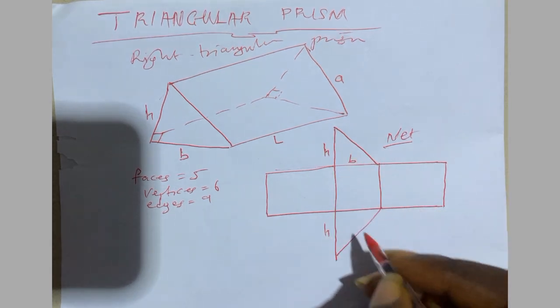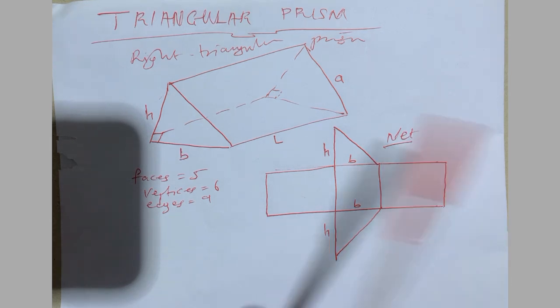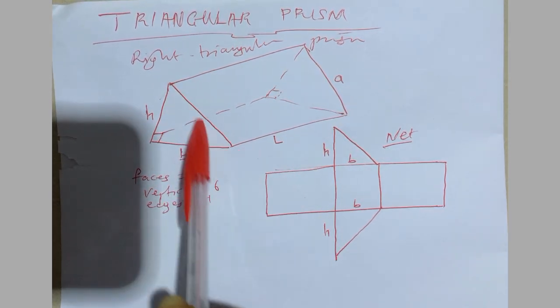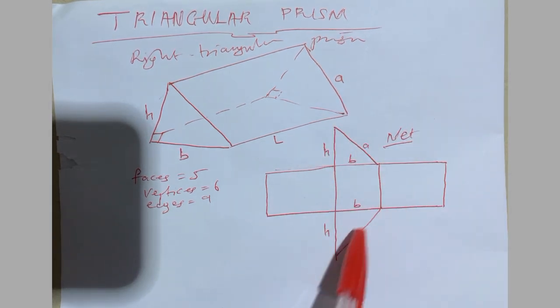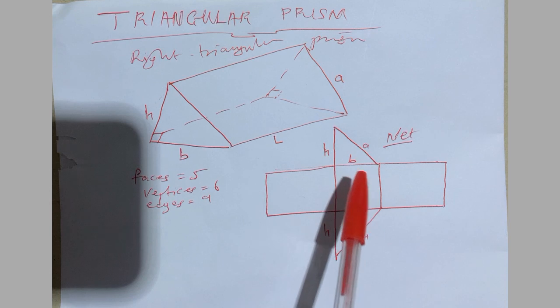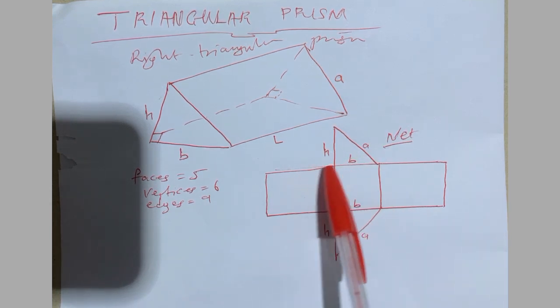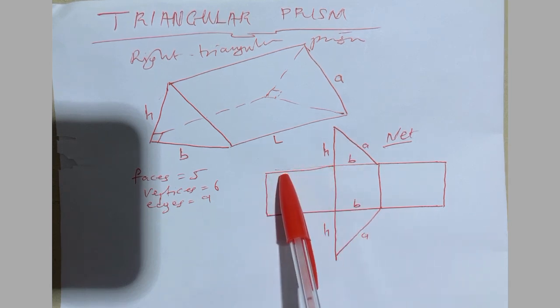This is going to be my base, and then this side is A. It's going to be the same as here, so the distance from here to here is going to be A because this side is similar to what? This side of the triangle.